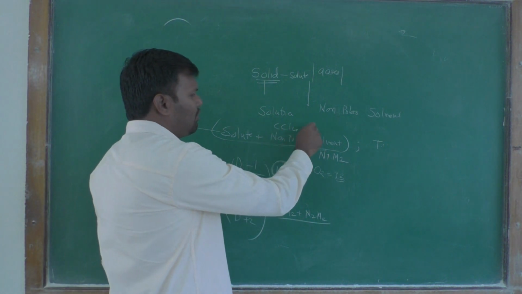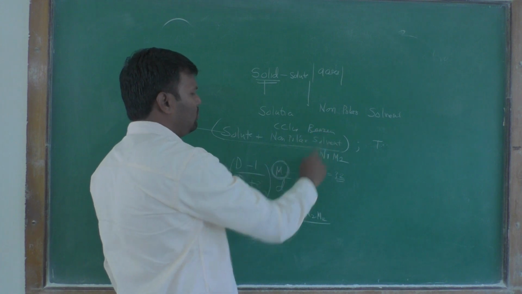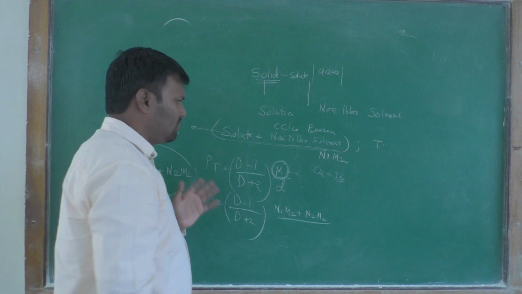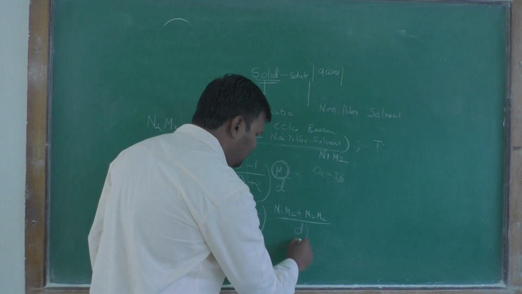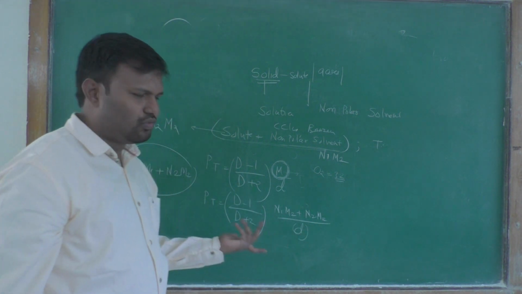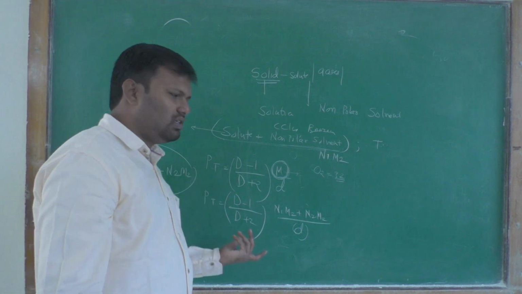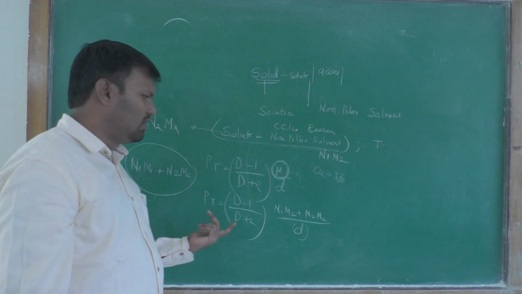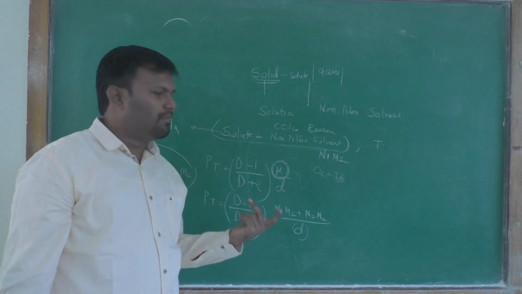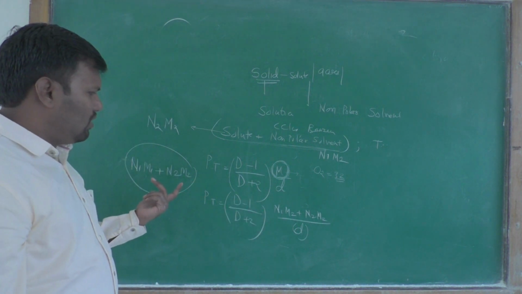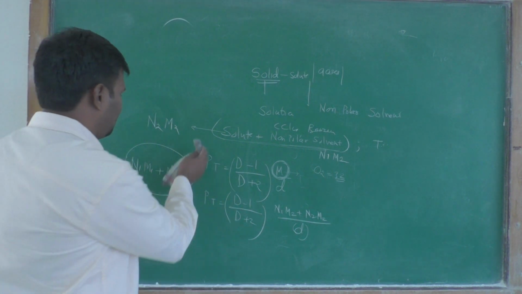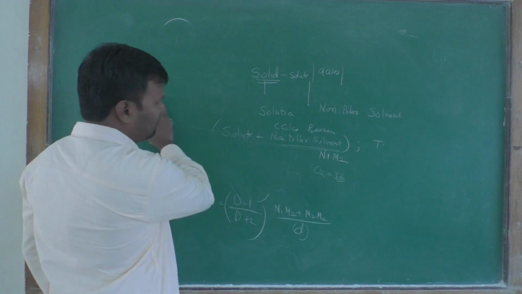CCl4 or benzene are the non-polar solvents; you take the solute and dissolve it in the non-polar solvent. Then D is as it is, the density; for the solution we can find out the density at different temperatures.